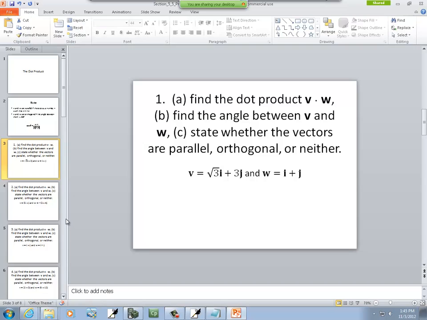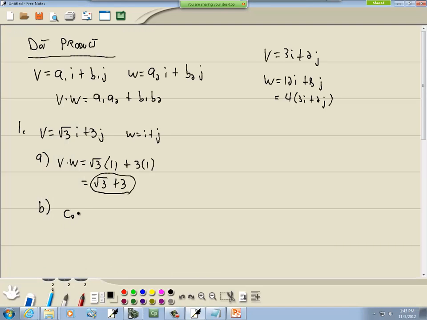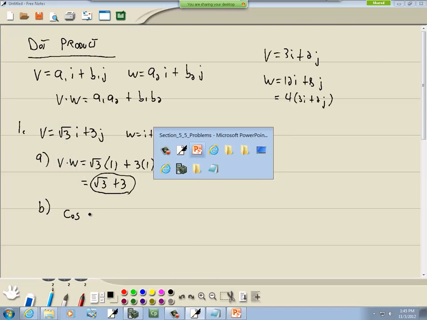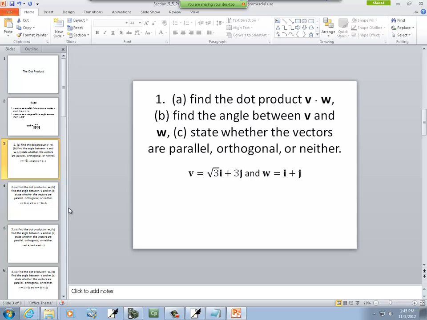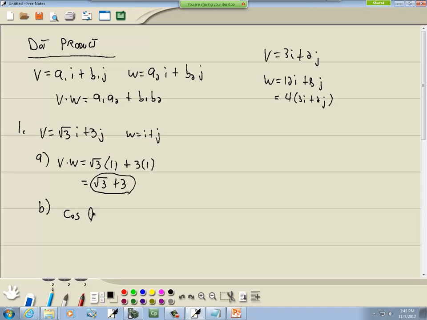B, find the angle between them. Well, we said cosine theta is equal to the dot product of v and w over the magnitude of v times the magnitude of w.